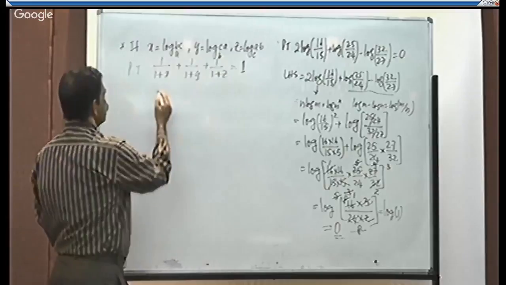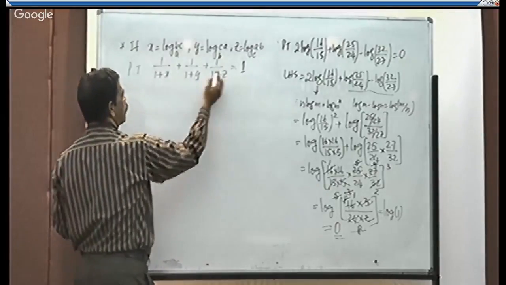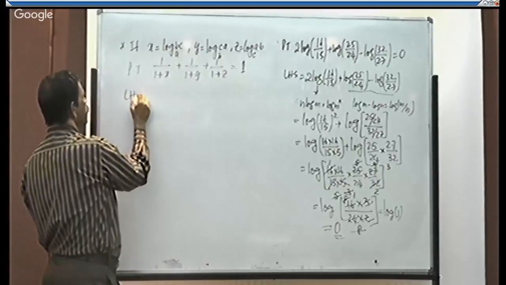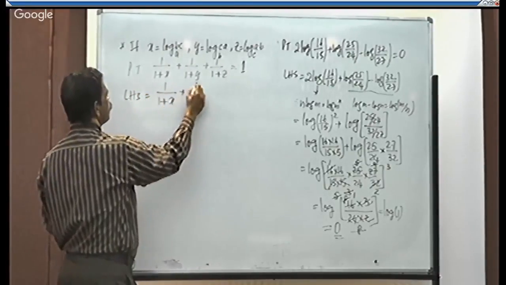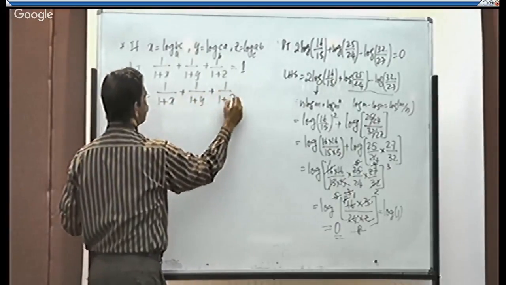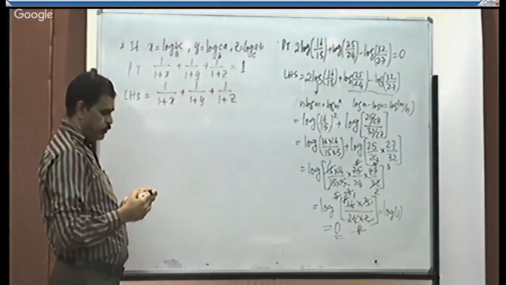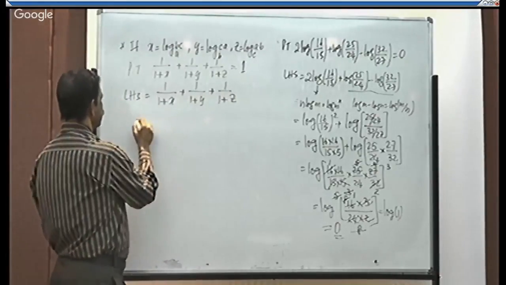Okay. You take the proving equation, left hand side. What is the left hand side of the equation? It is 1 divided by 1 plus x plus 1 divided by 1 plus y plus 1 divided by 1 plus z, right? Just replace the values of x, y, z. What is x value?